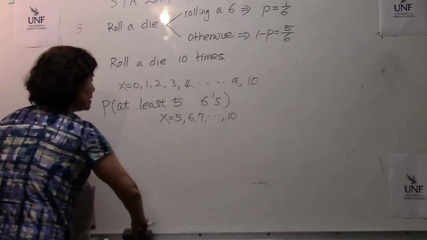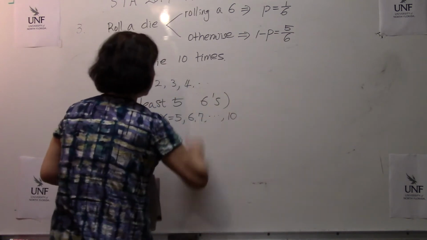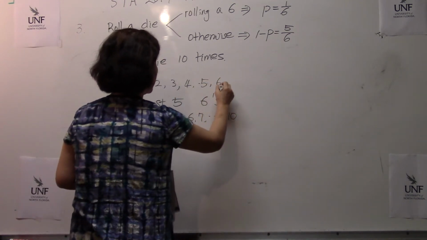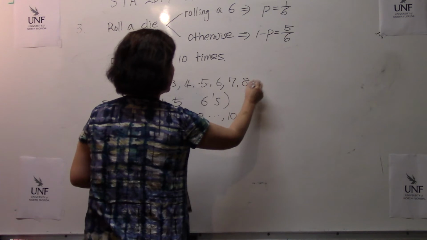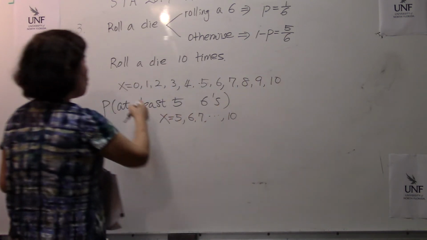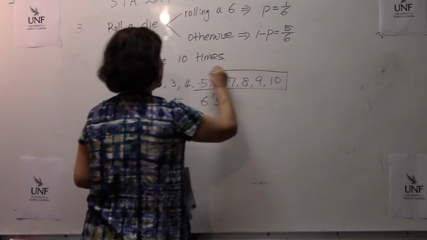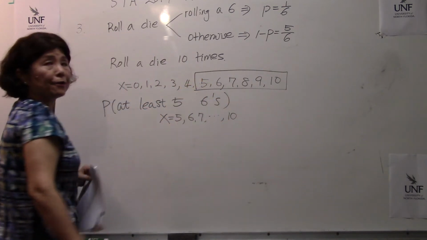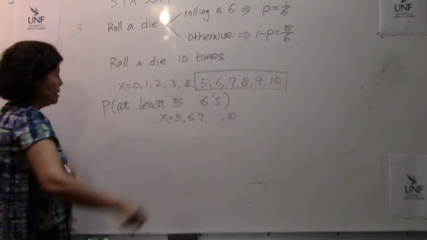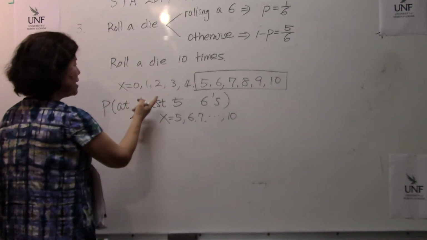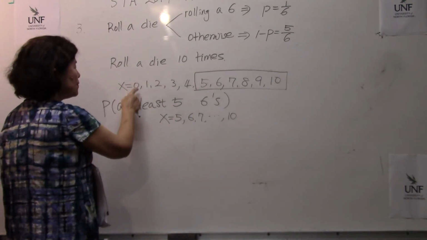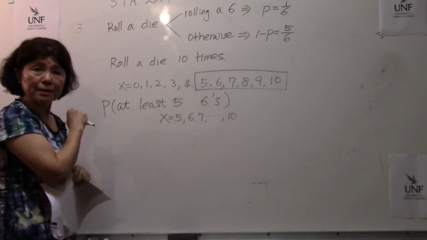So let's look at everything: 5, 6, 7, 8, 9, 10. What you are interested in over here is this. Can you use a calculator directly? Well, not so, because the calculator is set always from x equals 0.